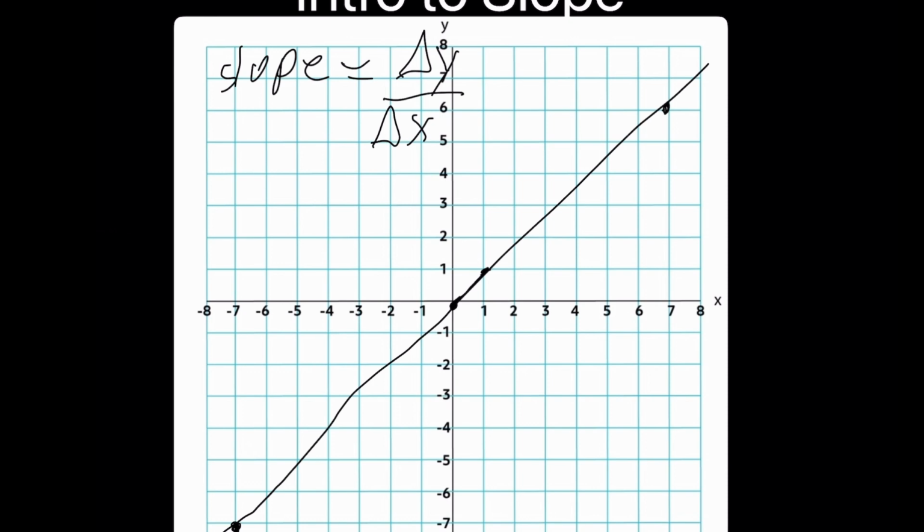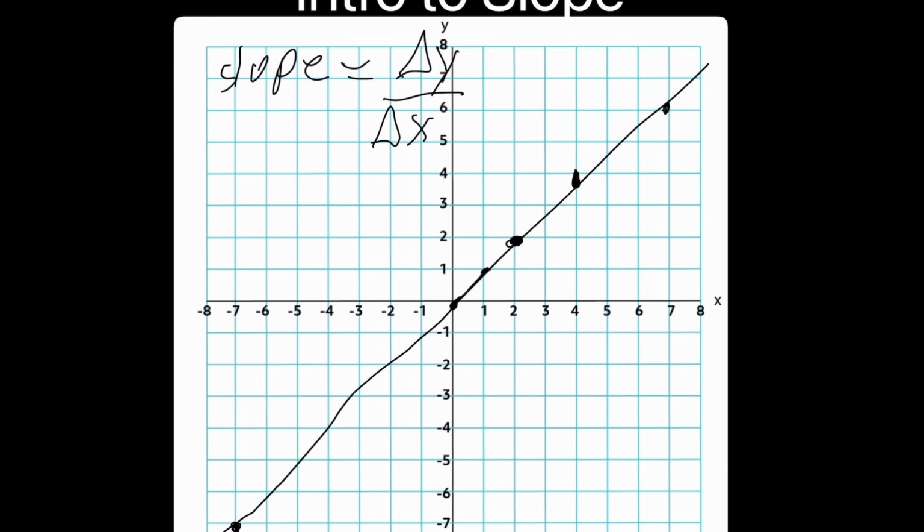To use this formula, we pick 2 points that are easy to measure, that the line passes through. So let's just pretend that it goes through 4, 4, and also 2, 2. And now that we have this, we want to measure the change in y.